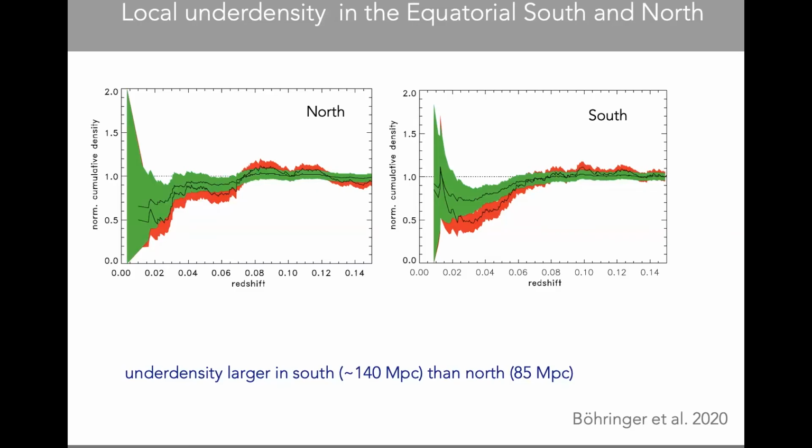This is cumulative, but if I had it differentially, you would see you hit an overdensity from these superclusters, and they make up for the deficit that we have nearby. So you have to go at least out this far, in the south 140 megaparsecs, in the north 180 megaparsecs, to reach the mean density of the universe. If you stay inside, the density is too low.